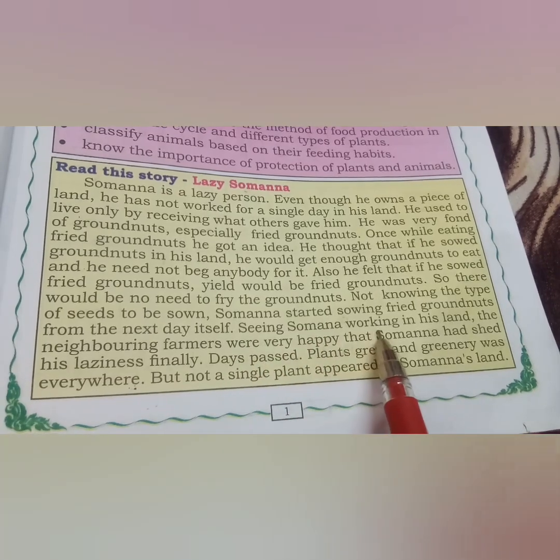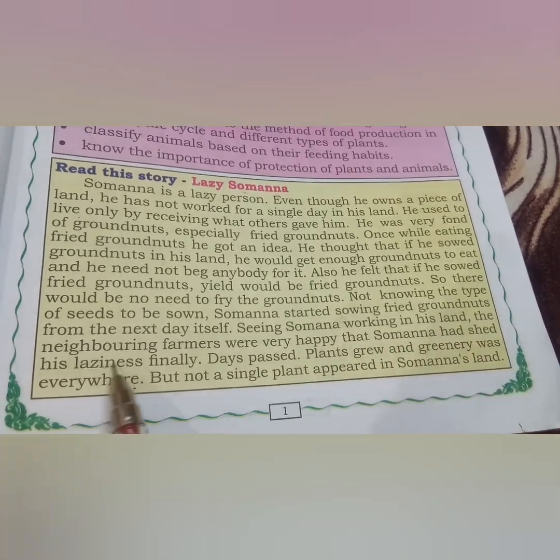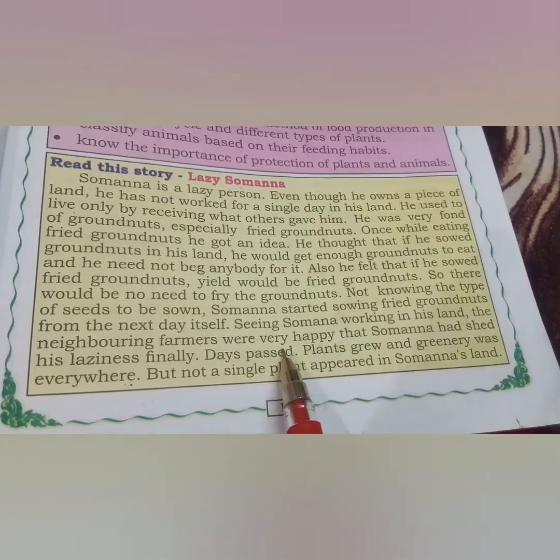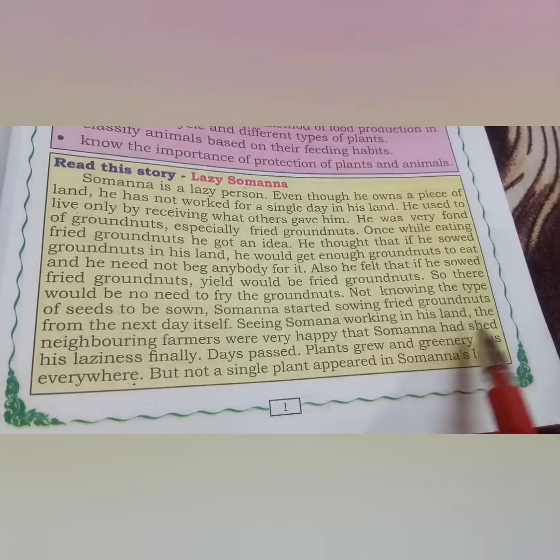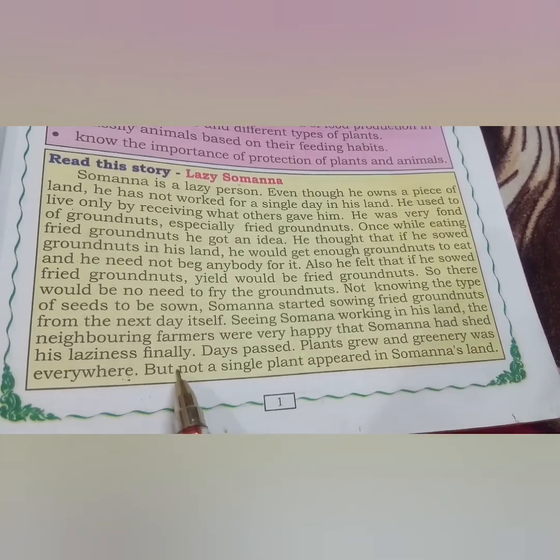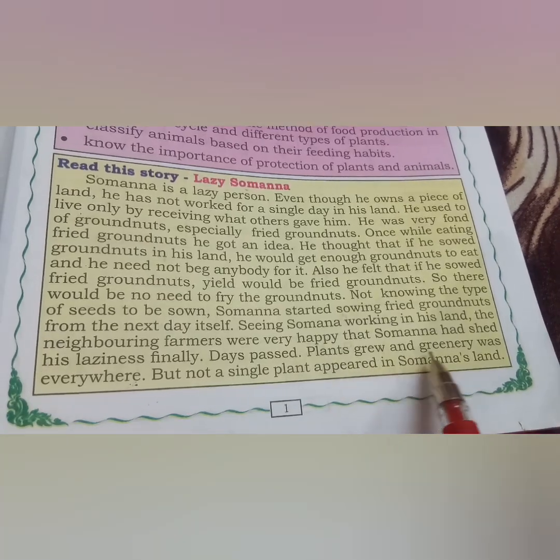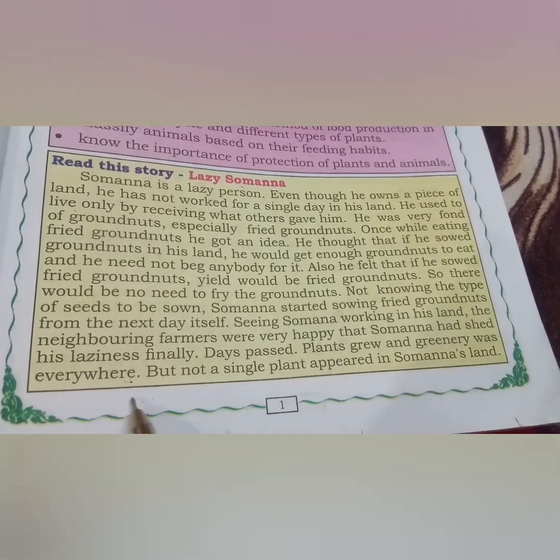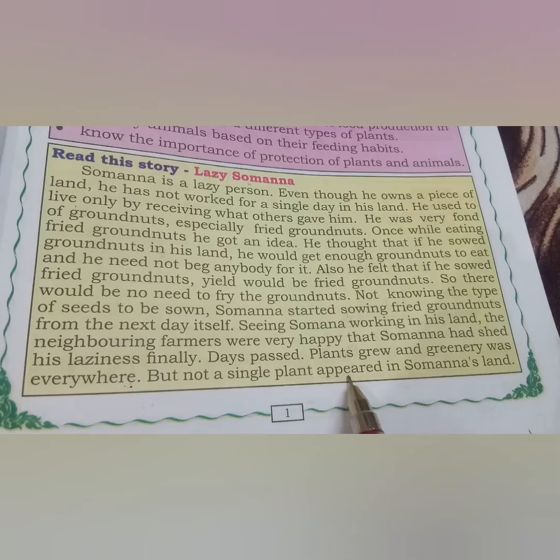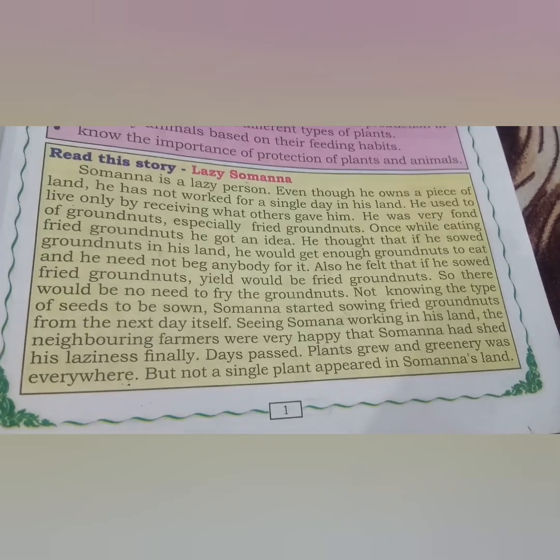Seeing Somanna working in his land, the neighboring farmers were very happy that Somanna had finally shed his laziness. Days passed, plants grew and greenery was everywhere. But not a single plant appeared in Somanna's land.